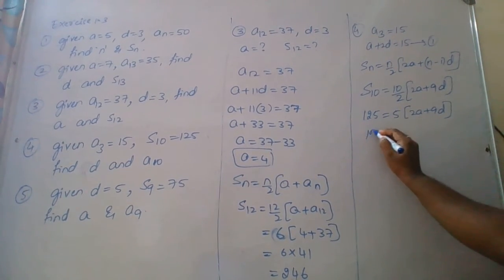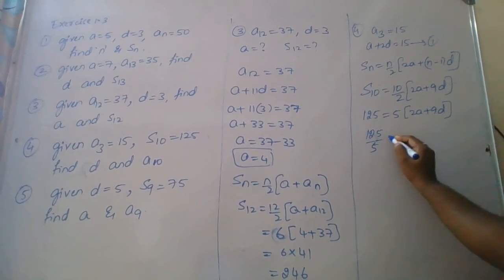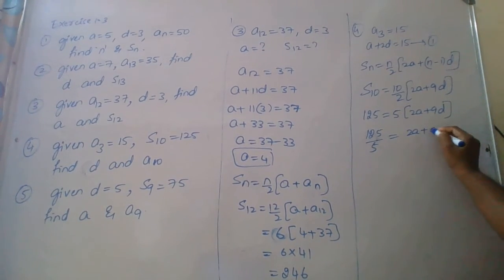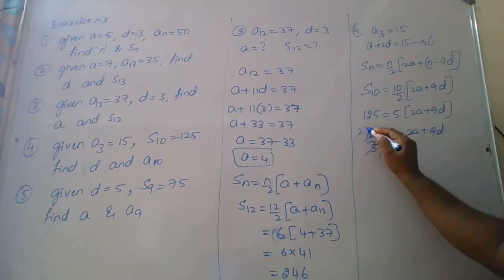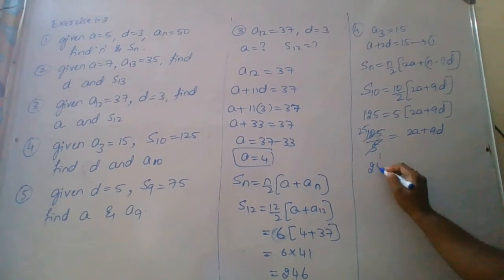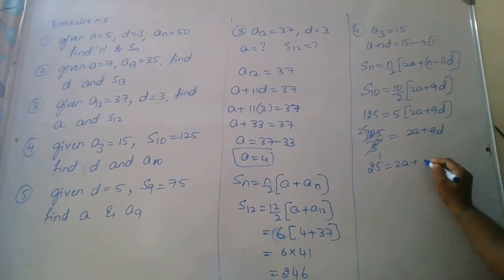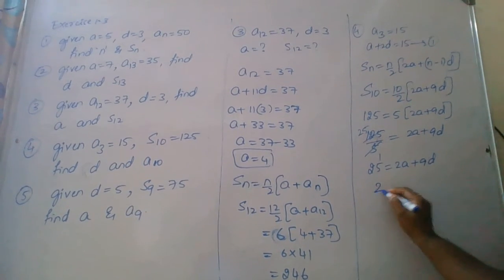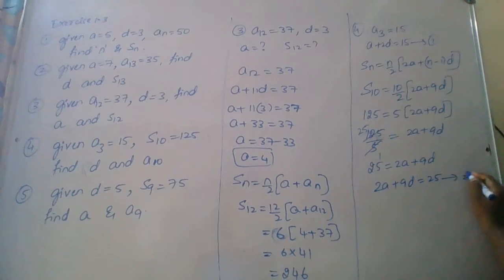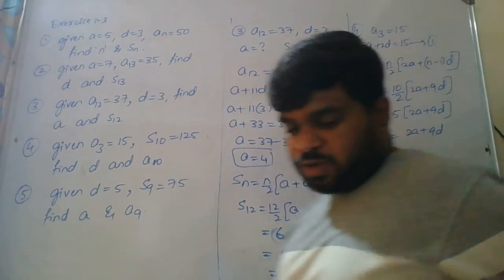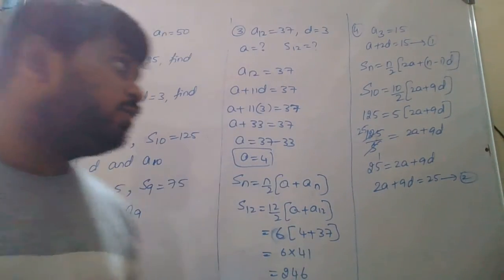Let's get this 5 to the other side. It becomes 125 by 5 equals 2a plus 9d. 5 1s are 5, 5 25s are 125. So 25 equals 2a plus 9d. Let's reverse it. 2a plus 9d is equal to 25. Equation 2.